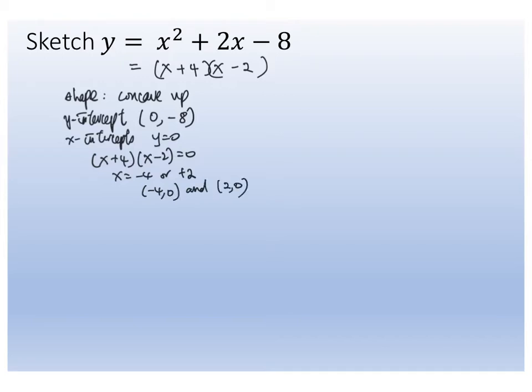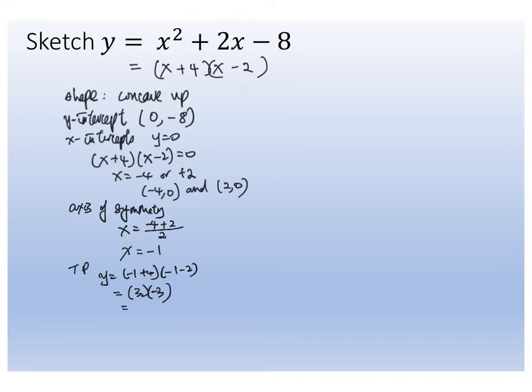Okay, and then the next bit, we need to know the axis of symmetry. x equals minus 4 plus 2 divided by 2, which is minus 1, x equals minus 1. And therefore, substituting that to find the turning point, y equals minus 1 plus 4 times minus 1 minus 2, which means that is 3 times minus 3, which is minus 9. All right, so the turning point will be minus 1, minus 9.